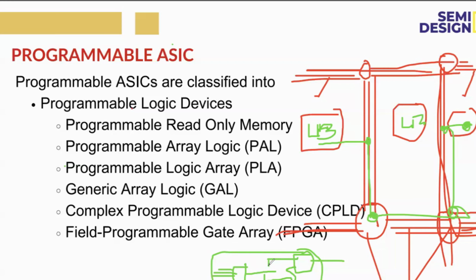The output from the lookup table is given to both the multiplexer input and the D flip-flop. The D flip-flop is used to delay the output, because for the multiplexer it should go in time, right? Depending upon the application, the multiplexer will select either the lookup table output or the delayed output, basically the D flip-flop output, using the select input.